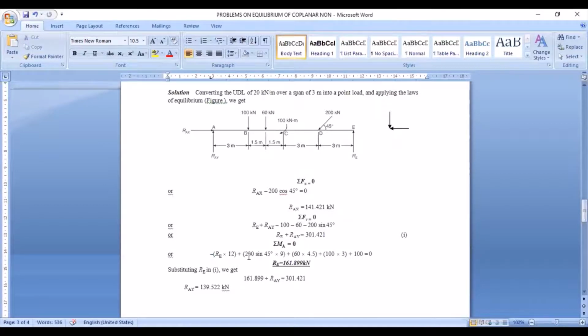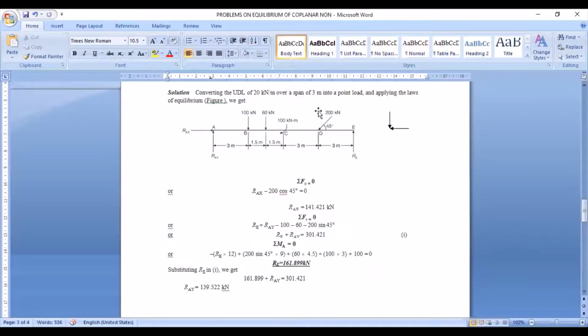Next, you have the vertical component of this 200 kilonewton force. So you have a vertical force acting at point D, and that component is 200 sine 45. Since the force is vertical, the distance to be multiplied is horizontal.